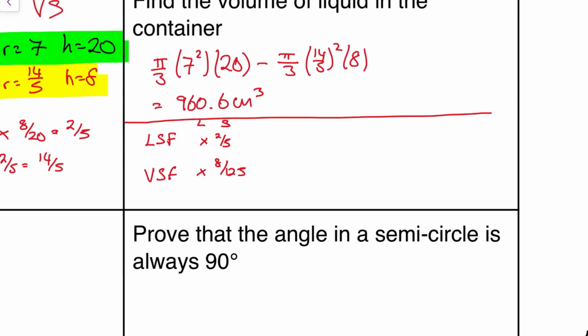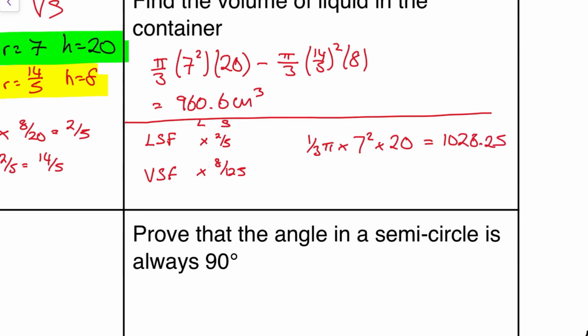So I could work out the volume of the big cone. The volume of the big cone is going to be a third times pi times 7 squared times 20. And then I can work out the volume of the small cone by multiplying that by 8 over 125. So in other words, I can do two cones. The volume of the big cone is 1026.25.